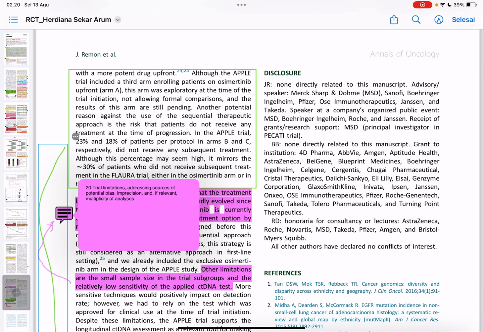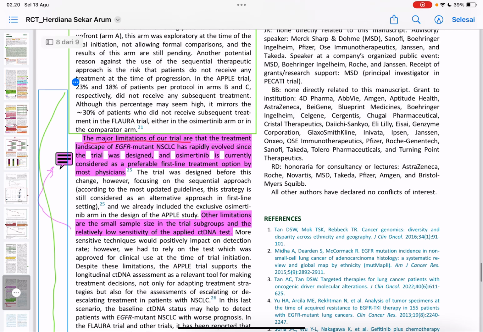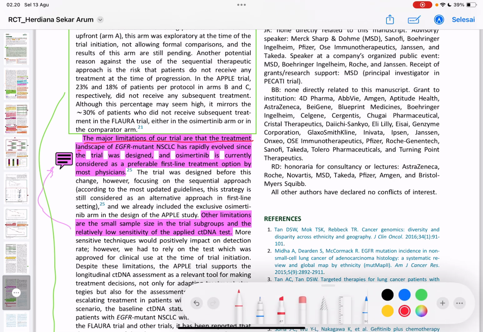The next step is the trial limitations, addressing sources of potential bias, imprecision, and if relevant, multiplicity of analyses. Thus, the major limitation of our trial is that the treatment landscape of EGFR-mutant NSCLC has rapidly evolved since the trial was designed, and osimertinib is currently considered a proven first-line treatment option by most physicians.